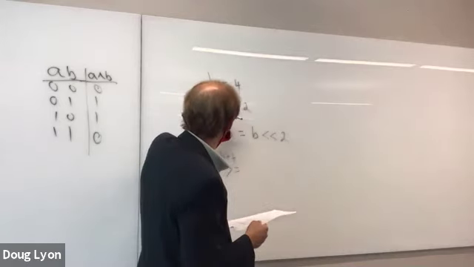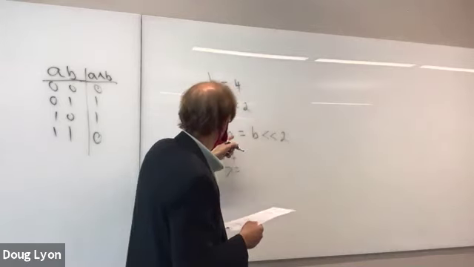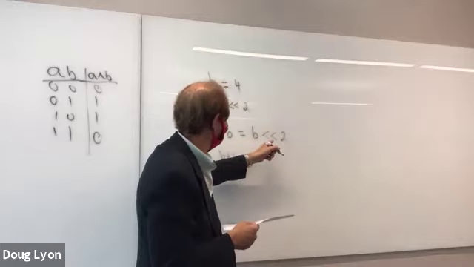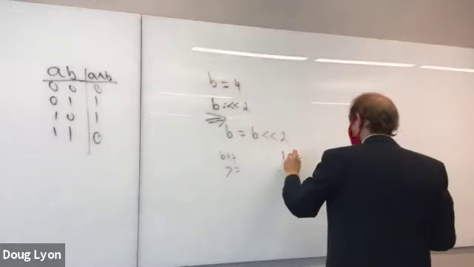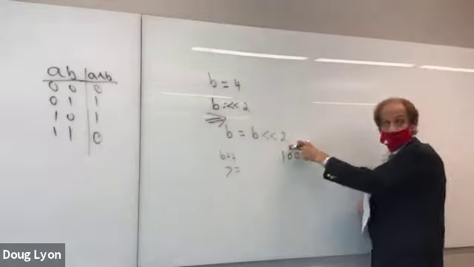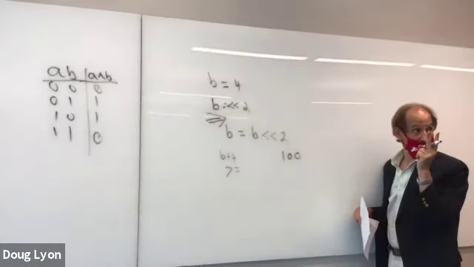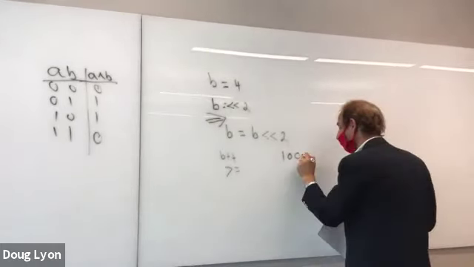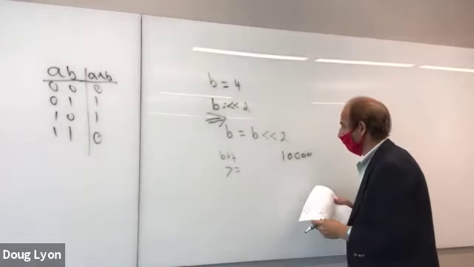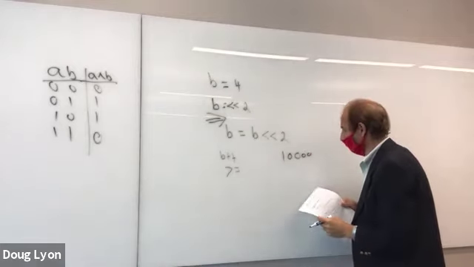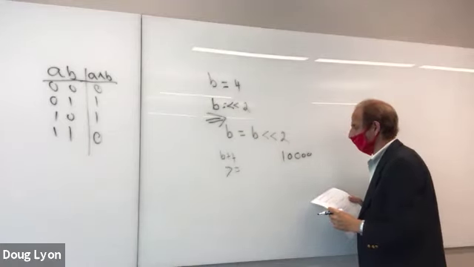So by doing equal less than, what it's doing is B equals B shift 2. So it's taking 4, 1, 0, 0, and then shifting in 2 zeros to the right, shifting it over to the left, and now what do we get? 16. Yeah, what's it? Well, no, 32, I think, isn't it? No, you're right, 16.